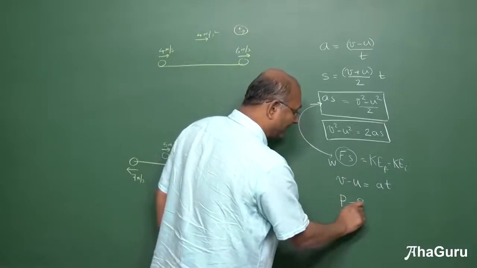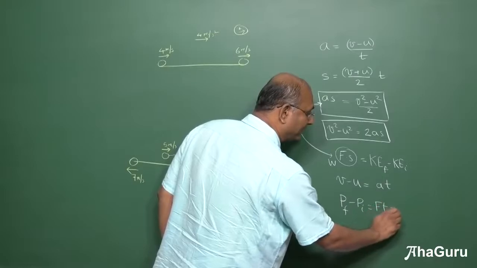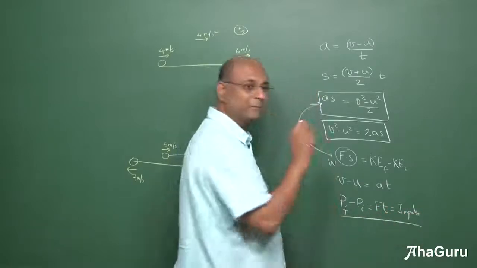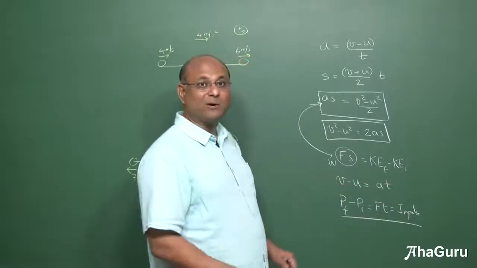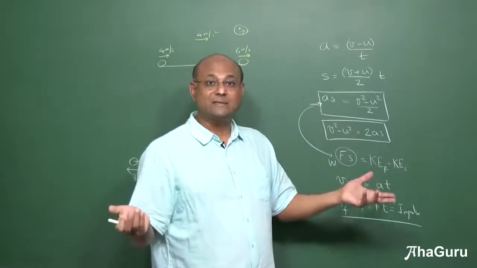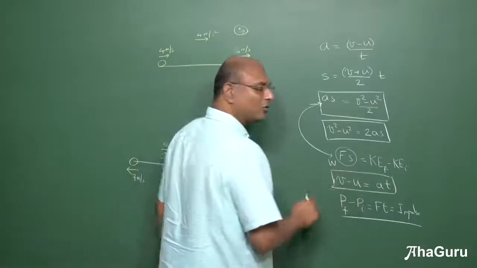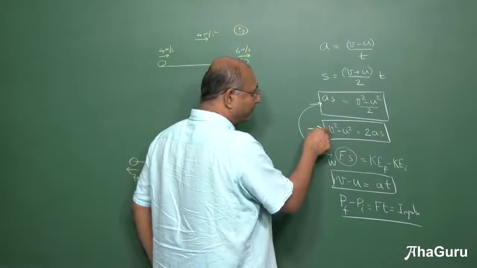Momentum final minus momentum initial is ma into t, F into t. It is called impulse. Okay? So basically it is the same idea. The reason these statements are important is because they become general statements later. Right now, of course, these are just uniform accelerated motion. You don't need to know all this. I'm just saying that right now, this is an important statement.